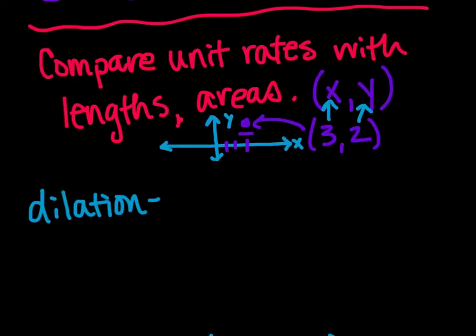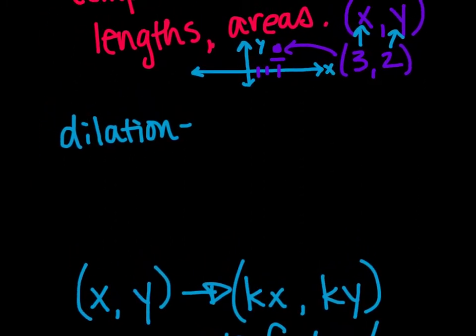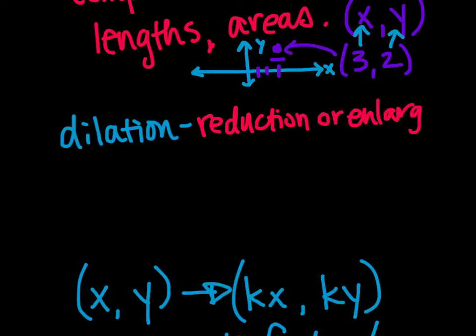All right, so let's start with our very first thing. We're talking about what's called dilations. Dilations are a reduction or an enlargement of an original object.